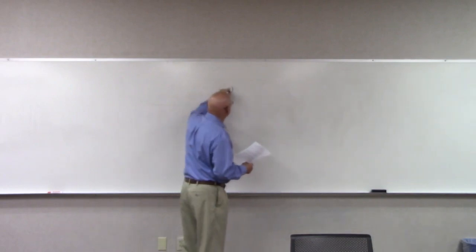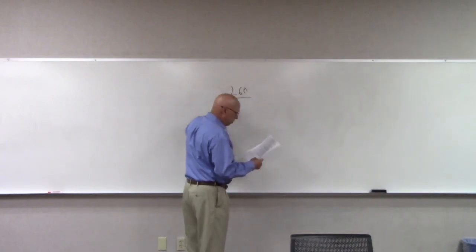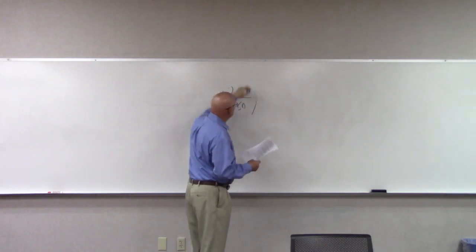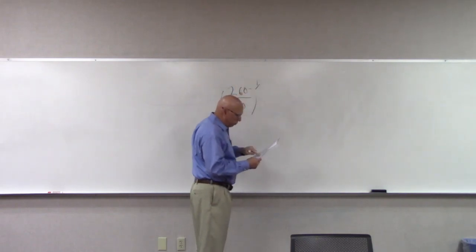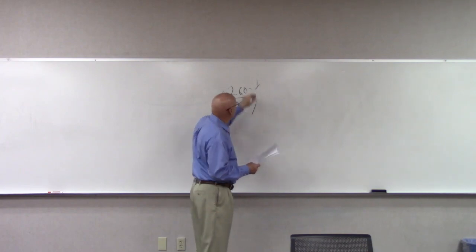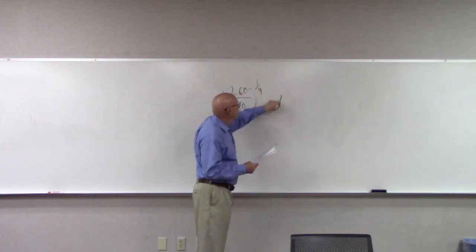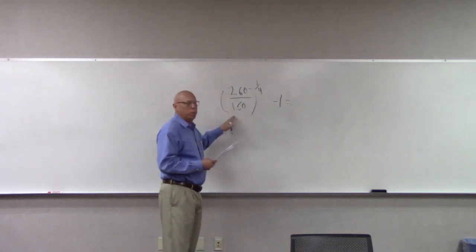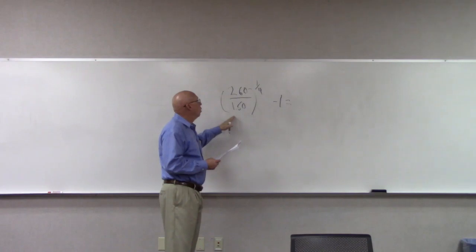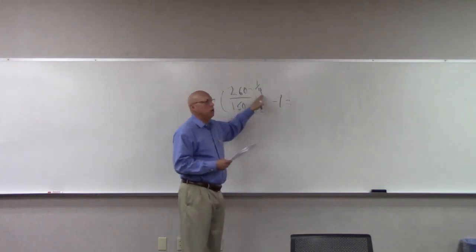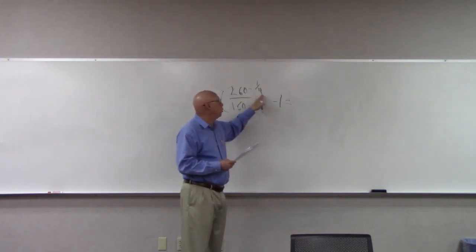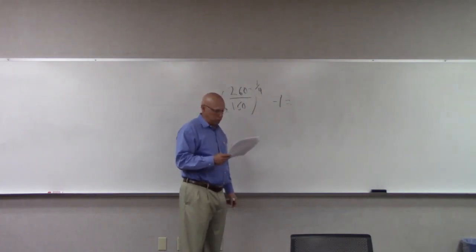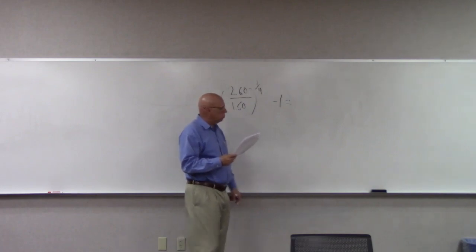So 2.6 divided by 1.5, raised to the 1 over 4, which is 5 minus 1, minus 1, equals. What's the CAGR? 0.1474. Yep.